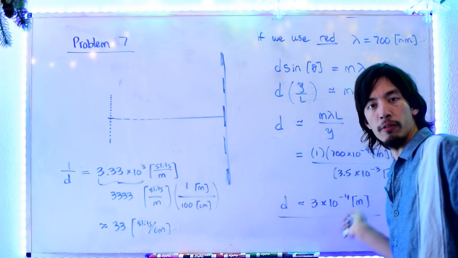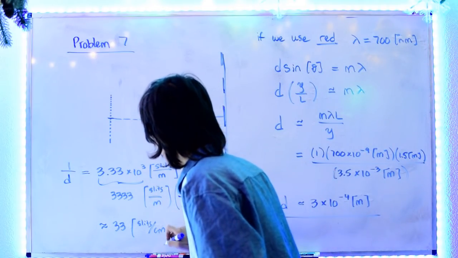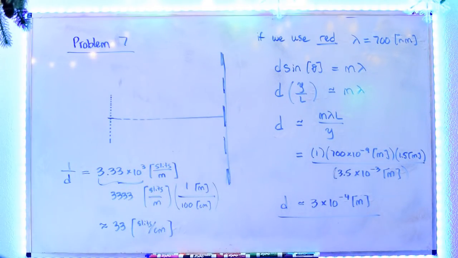Let me know if you agree with my answers or if you disagree with them, but let's check to make sure that this is what we get. So y is again the distance from the center to whichever point of interest you're trying to investigate.